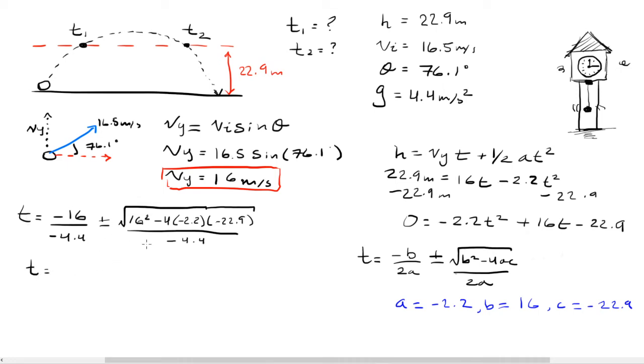I already have the quadratic formula solved, so let me get these solutions for t. I have a little tool on my calculator that is a quadratic formula solver, so it speeds things up a bit.